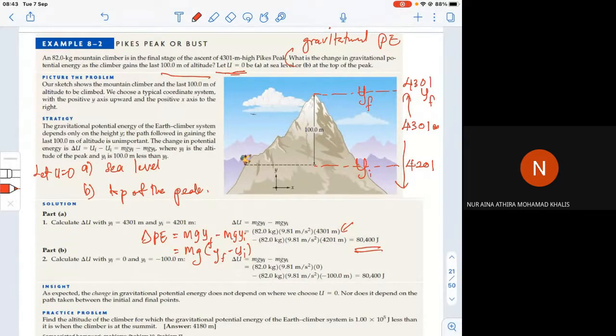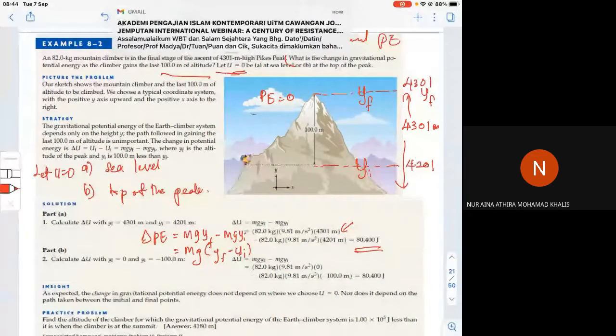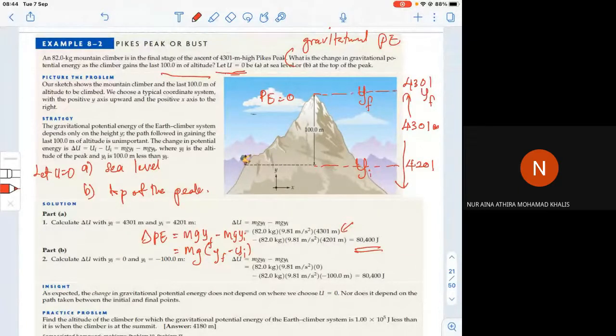Now let's look at what happens when you have potential energy 0 at the top of the mountain. Right now potential energy is 0 at this point, so our point of view is different.